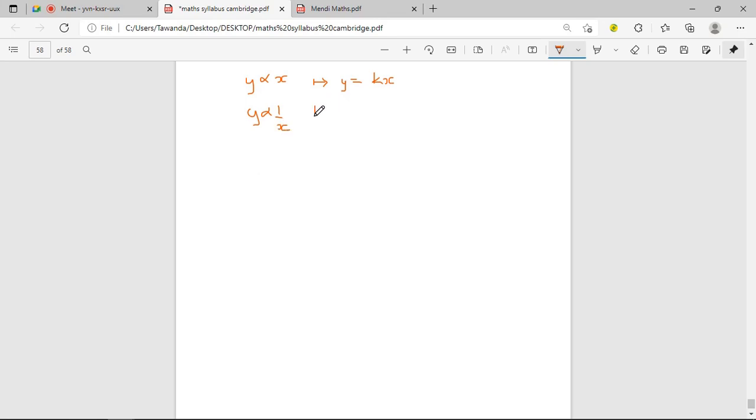And if you remove your proportional sign, you are going to get y equals k over x, right? That is proportion. So we are also going to meet these words, like directly proportional and inversely proportional, when we are formulating our differential equation.